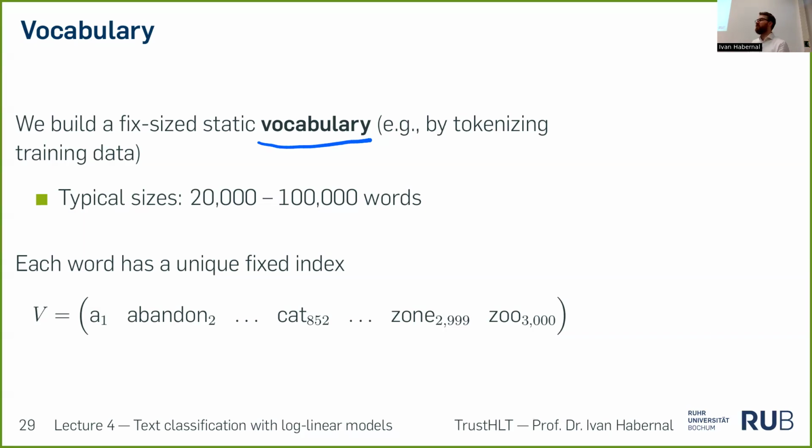So what's going to be the distribution of the vocabulary? What do you think? How are words distributed in language? What's the frequency of different words? Is there something we can tell about it? Zipf's law, exactly. Nice.